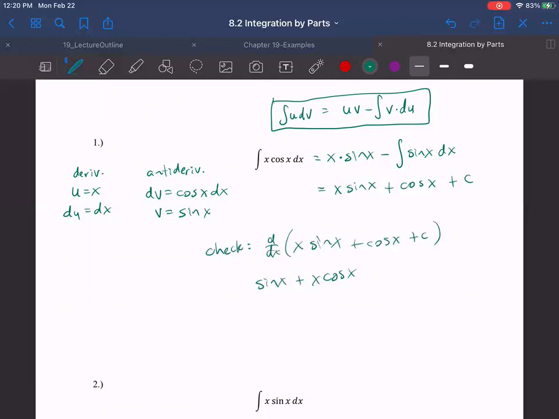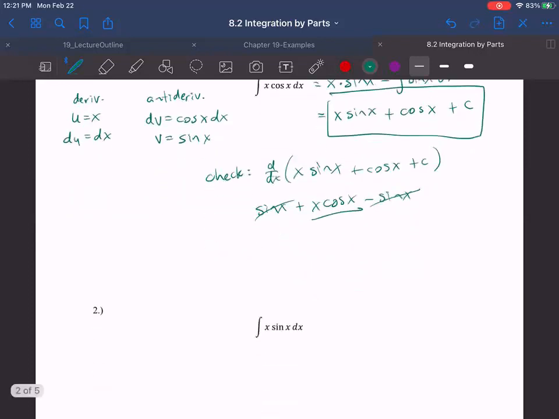And then we have the derivative of cosine, which is negative sine x, and the derivative of c is just 0. We have a plus sine and a minus sine, and we're left with just x cosine x, which is what we were trying to integrate, correct? So that worked pretty well. It's like we're using the product rule in reverse. That totally worked for us.